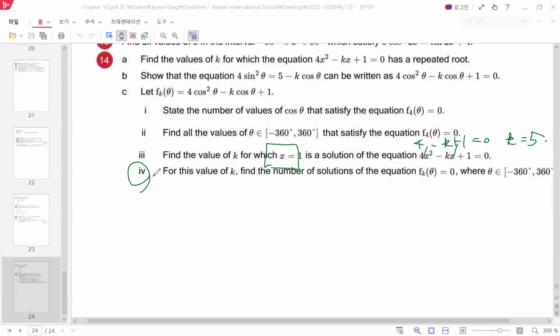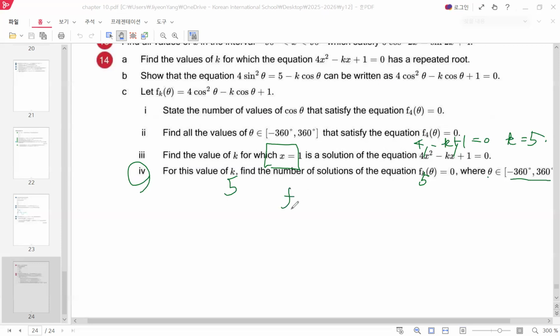Ethan, can you read this question? f sub 5 theta equals 0, where theta is between negative 360 and 360.